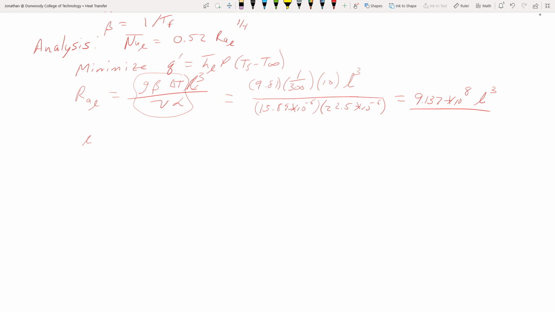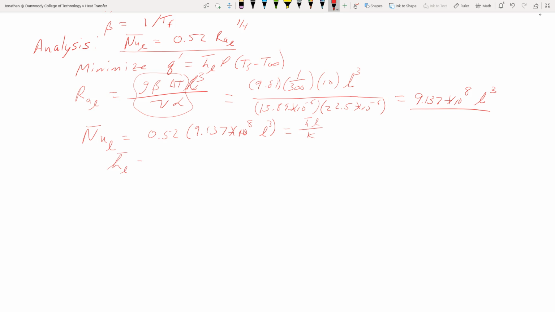We were subbing something else in there. So what do we have? We've got our Nusselt number here, 0.52, this Rayleigh number, 9.137 times 10 to the 8 L cubed, and that equals H bar L over K.